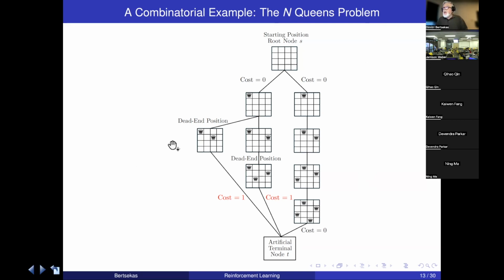We're giving this problem here as an example of a combinatorial problem that's very difficult to solve exactly, and for which approximate solutions are more promising. And in fact, people have constructed approximate solution methods that have solved very large n queens problems.